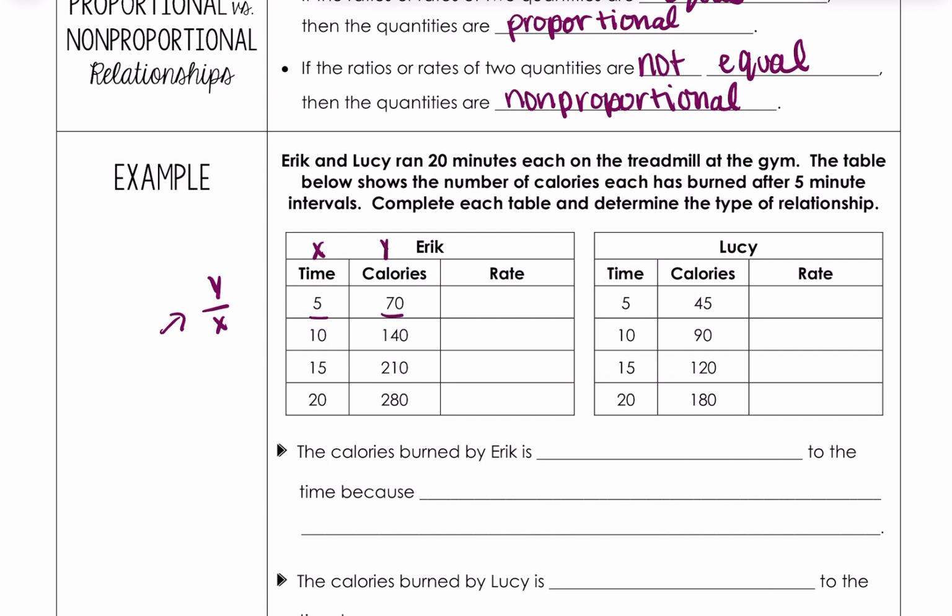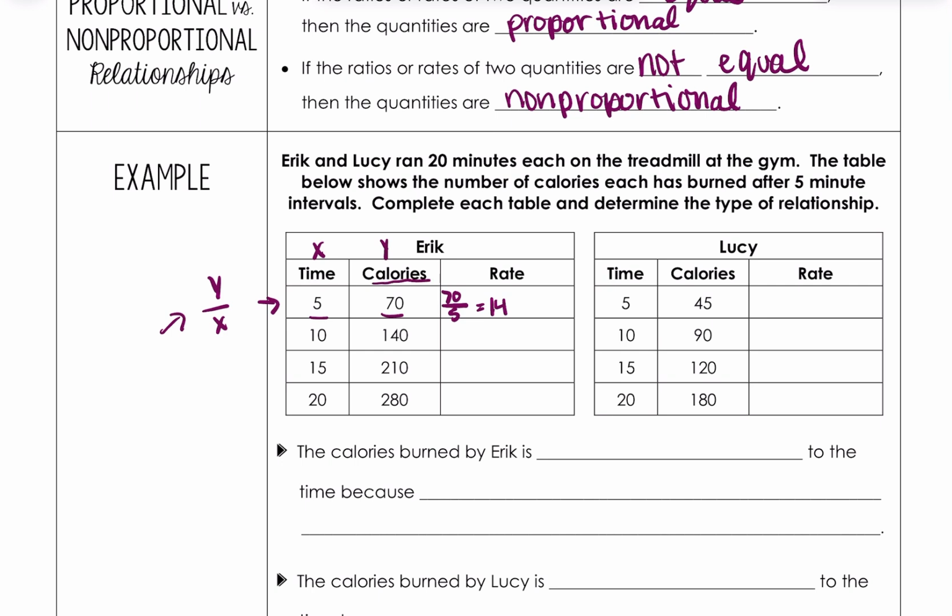Okay, so if I look first, I have y. My first y value in the first row is 70, so that goes to the top, over my x value in that row, which is 5, so I put it at the bottom. When I divide 70 divided by 5, I do get 14, and my labels will go in that same order as well.